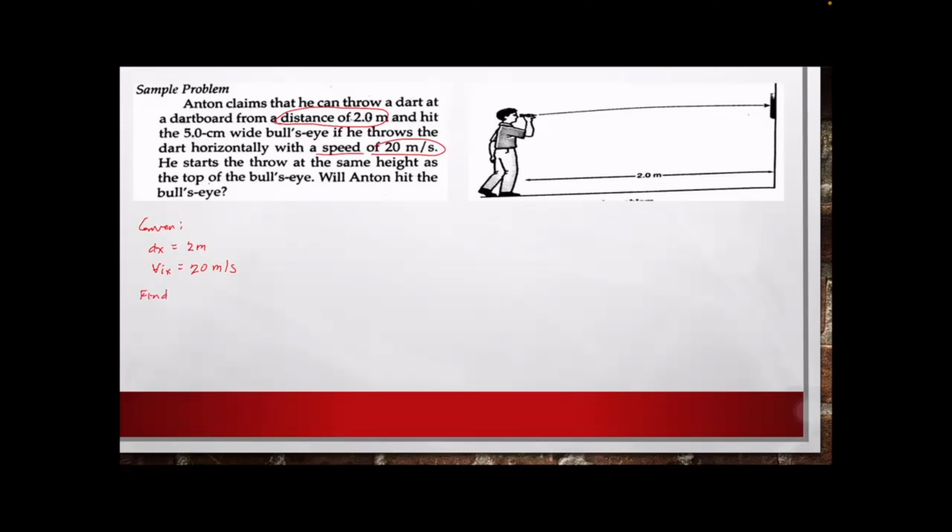D sub y. So, bakit kailangan natin hanapin yung D sub y? Kasi ang ano natin, based on the figure, we have here the illustration. Ito kasi yung D sub y na tinatawag itong part nito. So, gaano daw dapat kataas yung kanyang paghagis para ma-reach na yung bullseye doon sa dartboard.